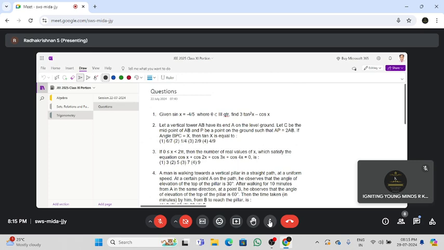You are in 11th or 12th, Jayesh Shakti? I'm in 12th. Okay. Ajay, you are 11th or 12th? 11th, sir. Okay. Varshini, you are 11th, I think, right? Yes, sir, I am in 11th standard, sir. Okay, fine.